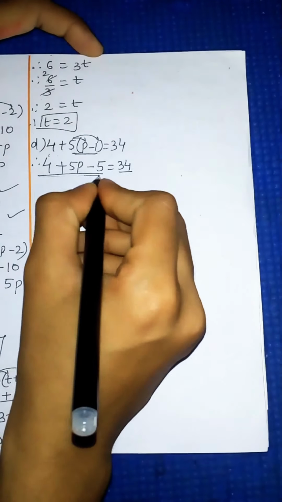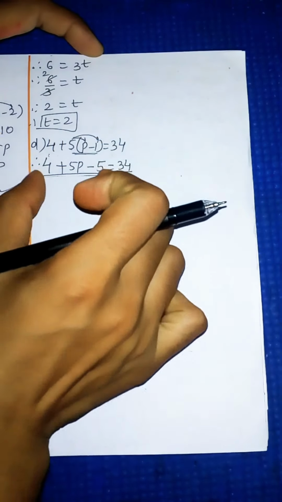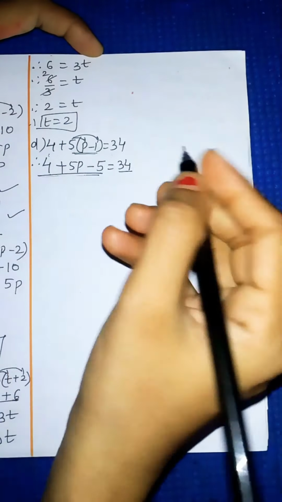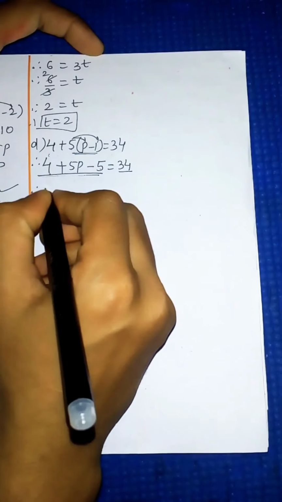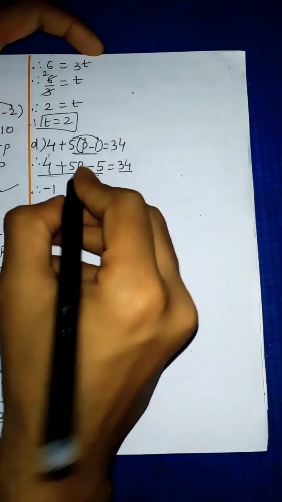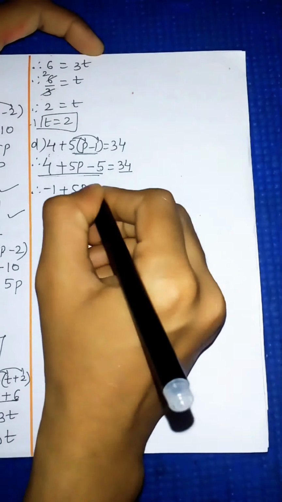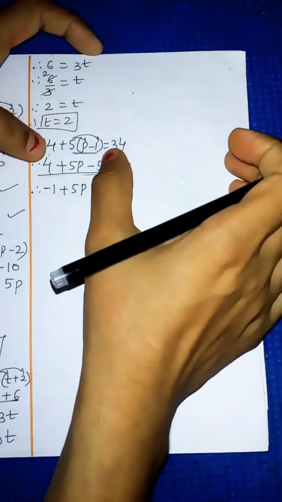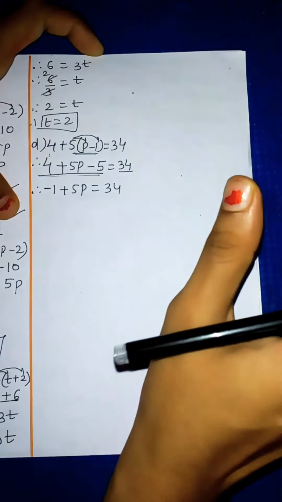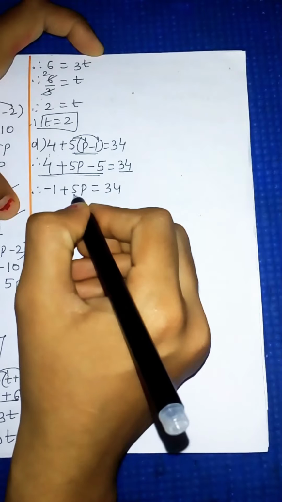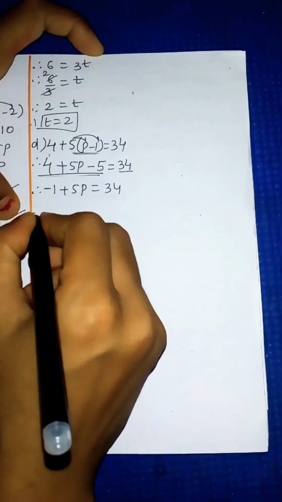Now this whole is our LHS part and this is our RHS part. So on the LHS part, two numbers are on the same side, so we can solve without changing the place. So 4 minus 5 will give minus 1 plus 5p equal to 34. So both of these we are solving. 4 minus 5 will be minus 1, and the other part we are keeping the same as it is. 5p same and equal to 34 same.